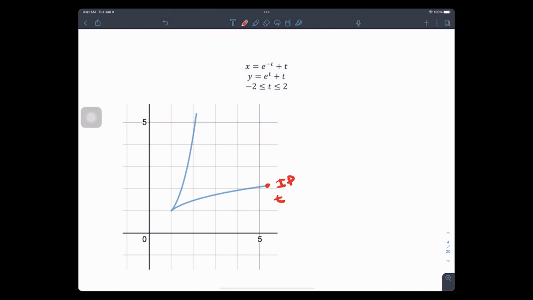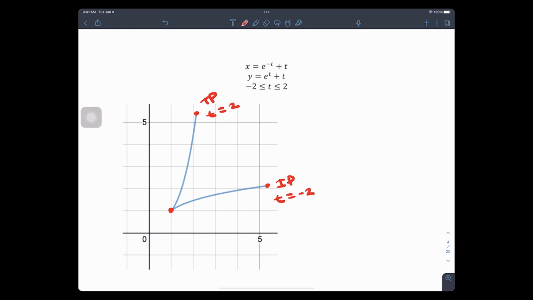And that happens when t is -2. And then t is +2. Get your x and y coordinates, plug it in. Looks like e to the -2 plus 2. Well, e to the -2 is like 1 over e squared, like 1/7, plus 2. So I can already see over here, this is my terminal point. Okay? Happens when t is +2.